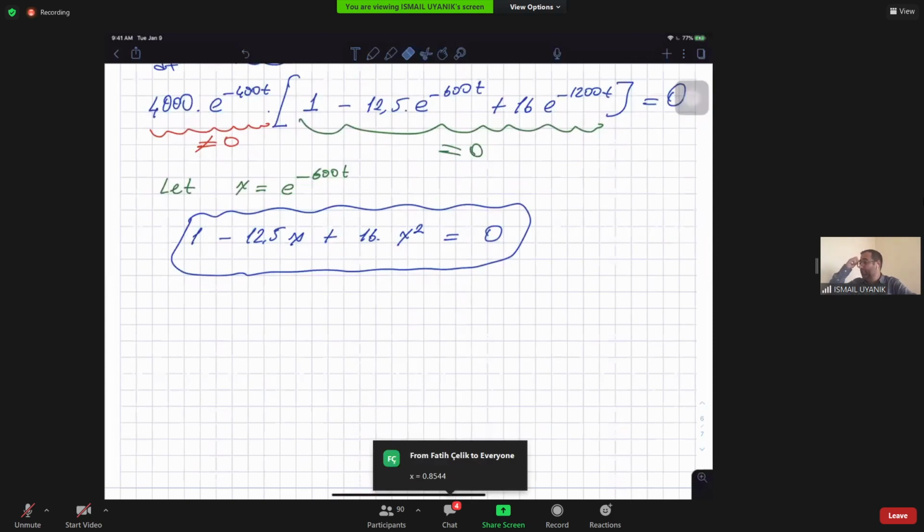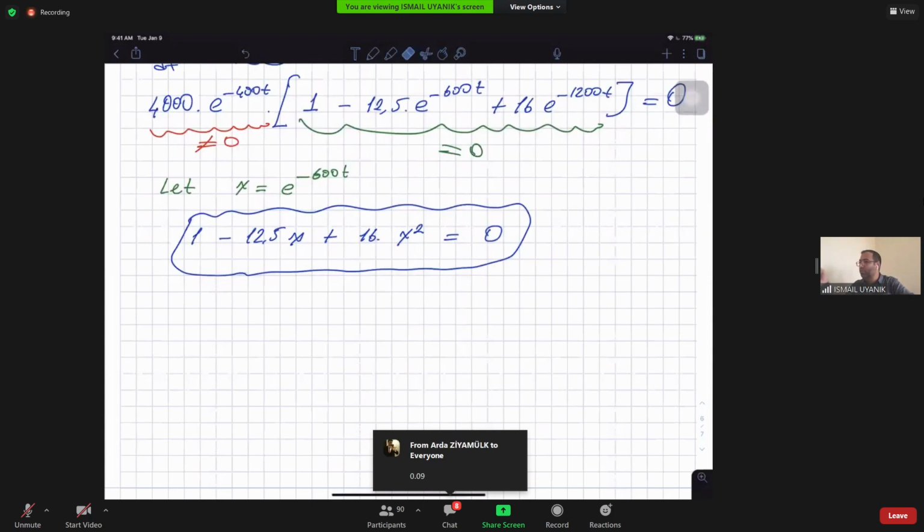Okay, I need a volunteer. Fatih Çelik says a different number. Okay, everyone says different numbers. Actually, we should be having 2 solutions here. Okay, what is that? Etembura writes 0.69 and 0.09.